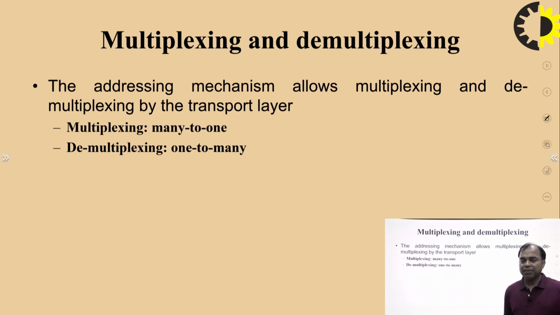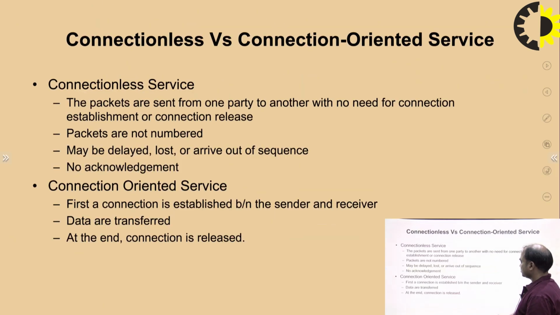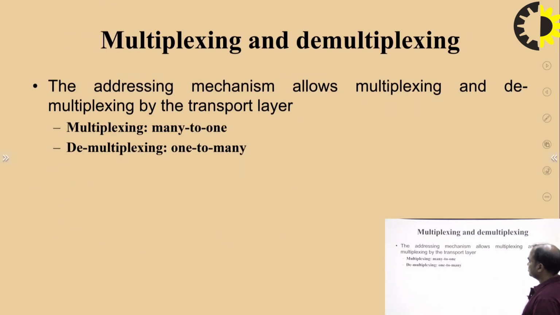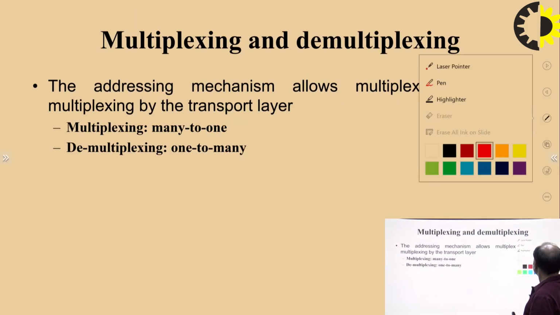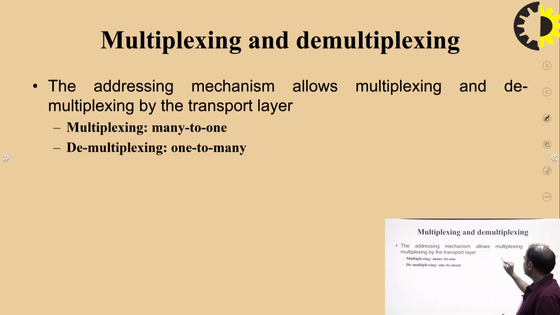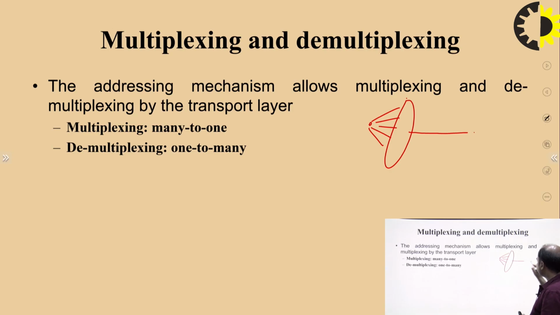We have different processes, and every process has data, and we multiplex this data. This is many-to-one, sent over a single channel.